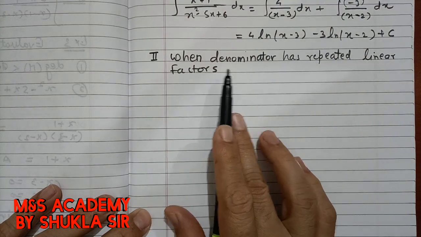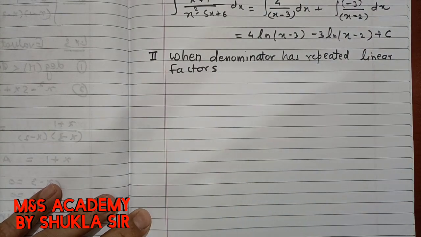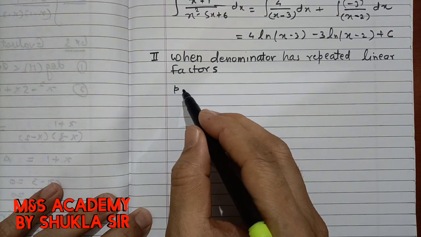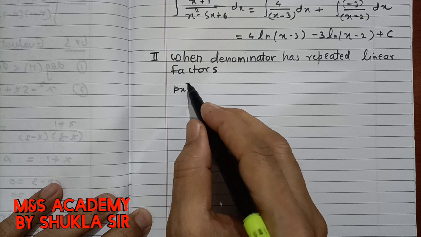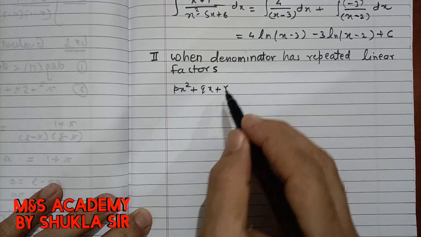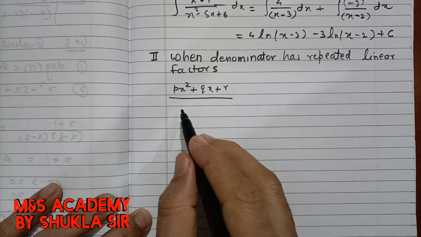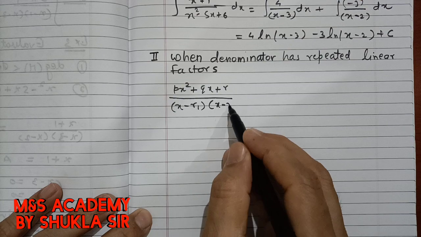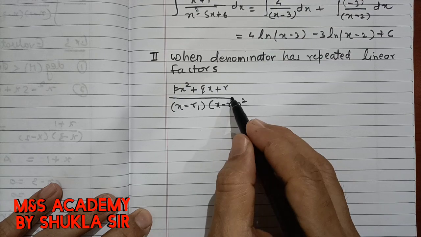Now we'll see when the denominator has a repeated linear factor. So consider the form (px² + qx + r) divided by (x - r1)(x - r2) the whole square.